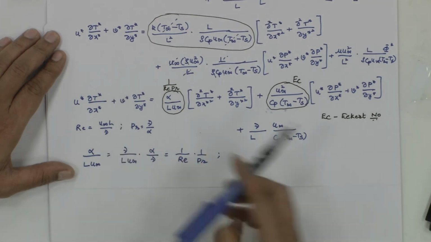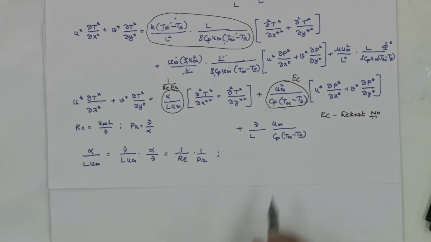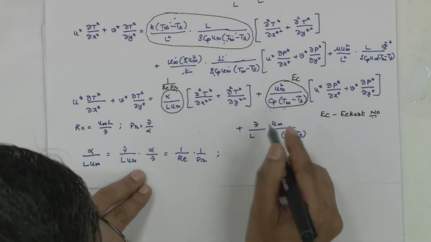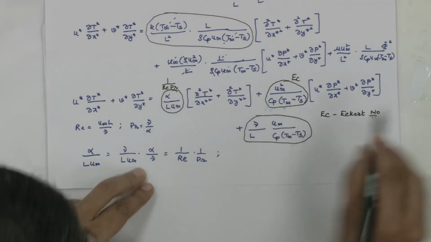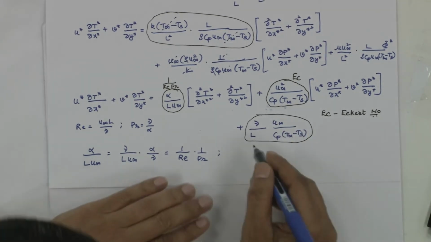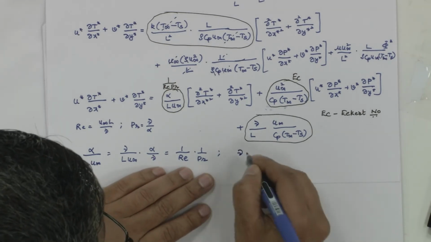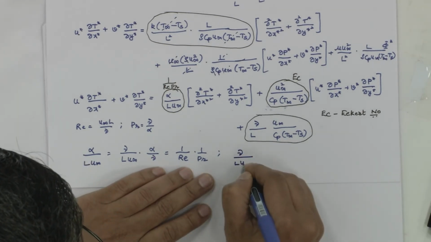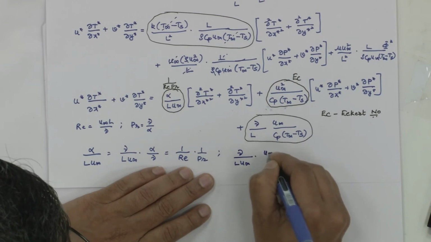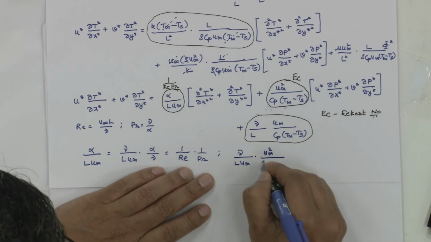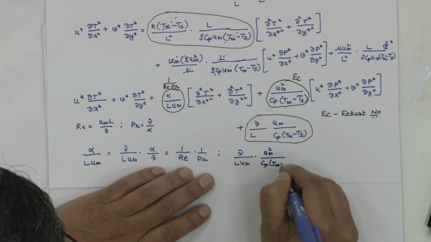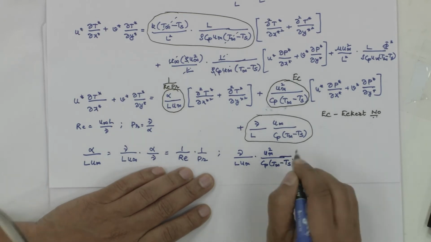Now, let us take up this nu by L, u infinity, Cp into T infinity by Ts. Let me multiply and divide this by u infinity, nu L u infinity into u infinity square divided by Cp into T infinity minus Ts.